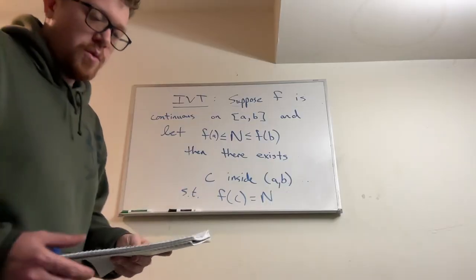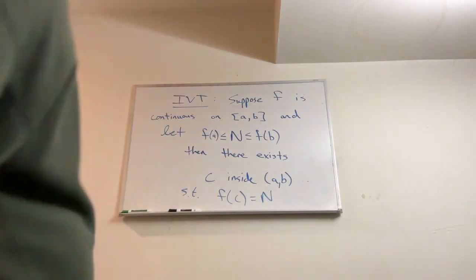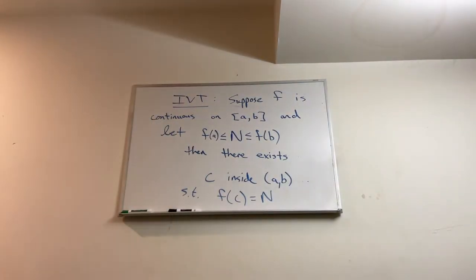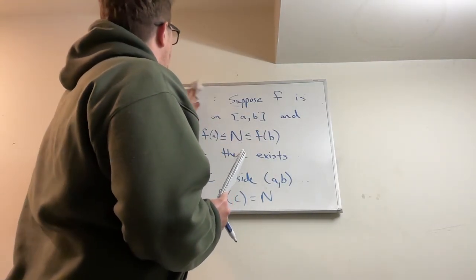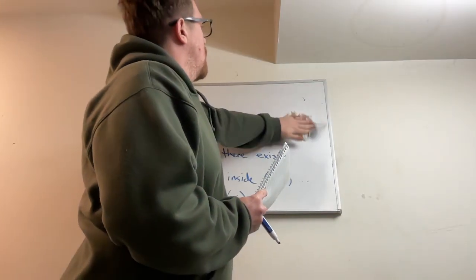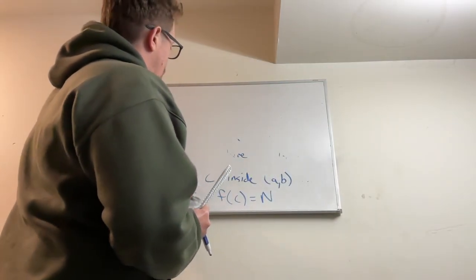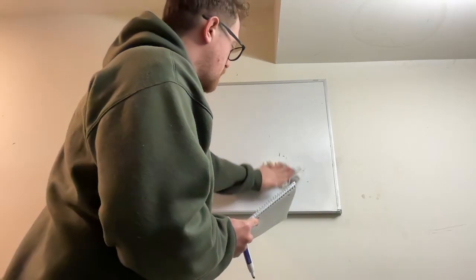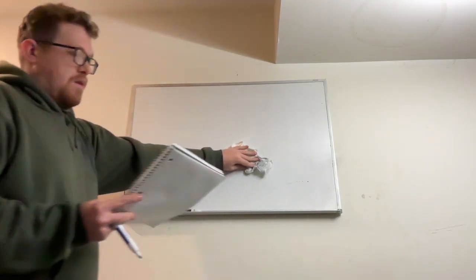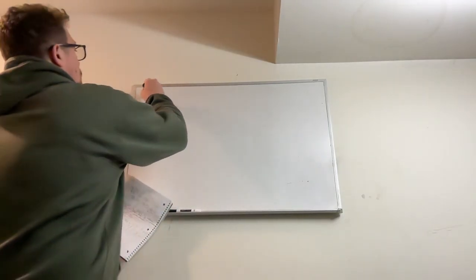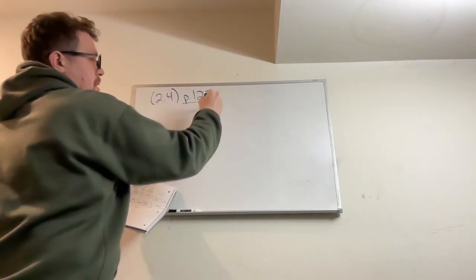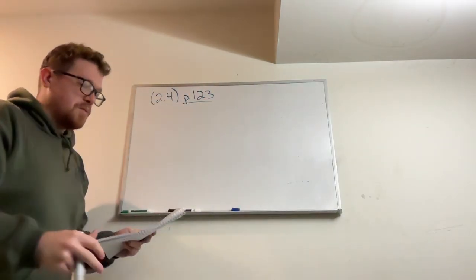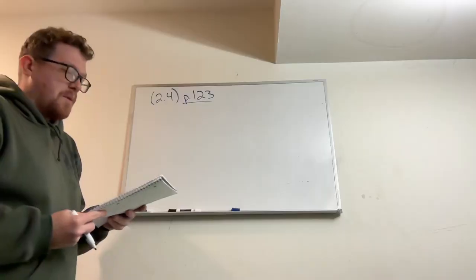So page 123, I wrote 2.5, but I believe it's actually 2.4, page 123 in my book. Maybe it's something else in yours, but I think the sections should be pretty close.